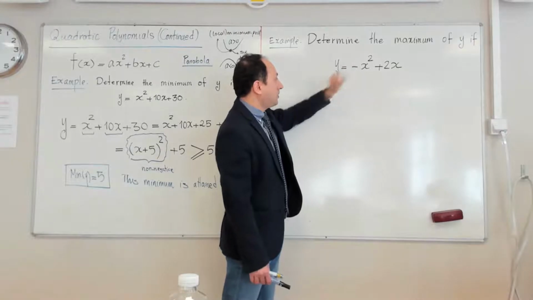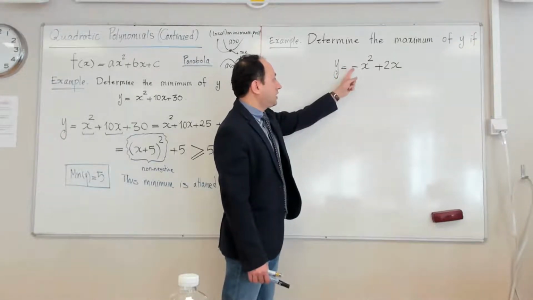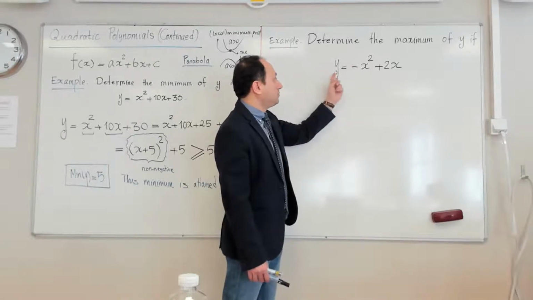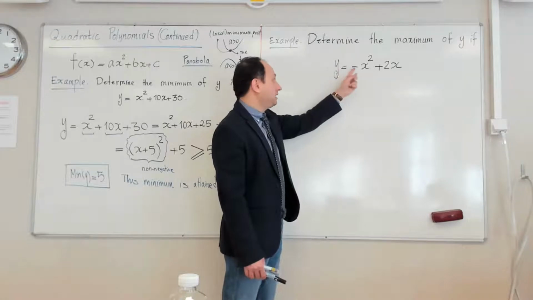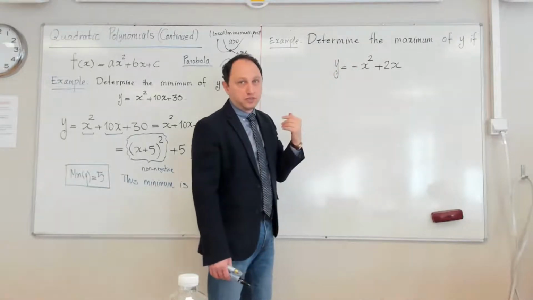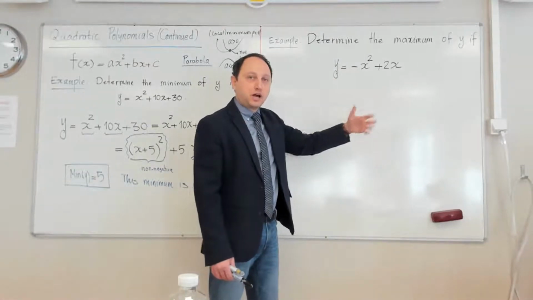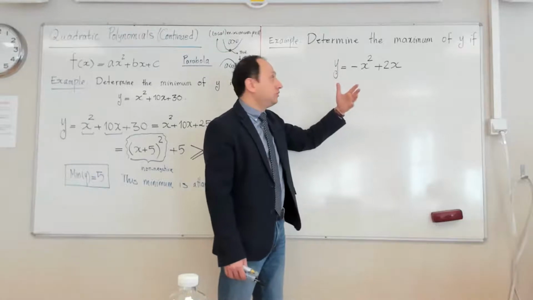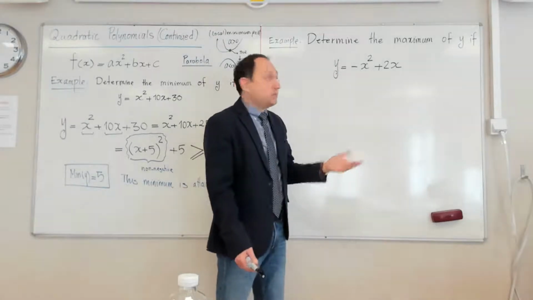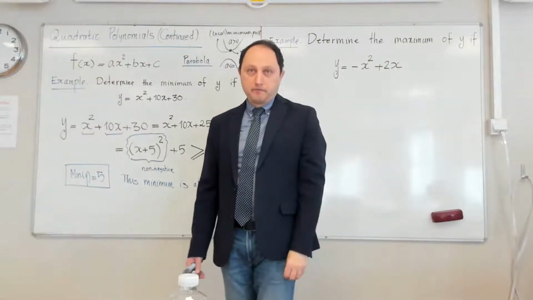I cannot just drop this minus sign. This is an equality. If I want to get rid of this minus sign, one way is to multiply both sides by a negative sign. This becomes negative y, and this becomes x squared. Good. But the problem is that after that, what I am talking about is negative y. I'm not talking about y, but I want to answer the question for y, not for negative y. Okay?